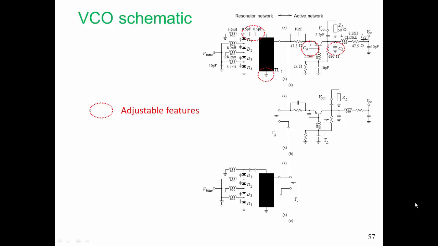We have 2 adjustable features in the resonator network. The capacitors at the top enable us to fine-tune the capacitance range. This is a VCO that we want to be able to tune from 4.5 GHz to 5.5 GHz. And we achieve that tuning by changing the capacitance of those stacked varactor diodes in the resonator network.